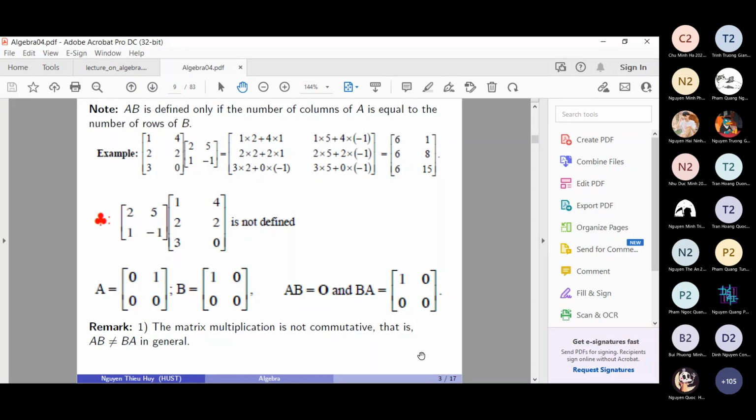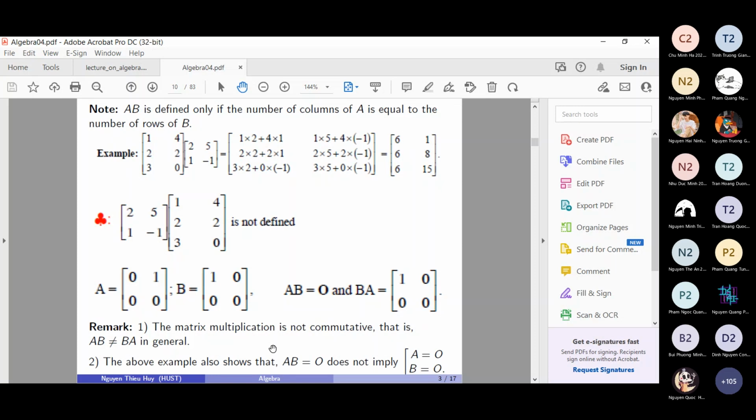Good. But the more important thing that you will see here is normally, if you have numbers, for example A, B are real numbers, then whenever you have A multiply B equal to zero, it follows that one of the two numbers should be zero. A is zero, or B is zero. But here you see both A and B are non-zero matrices, but the product is the zero matrix.